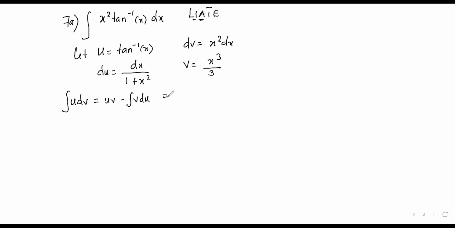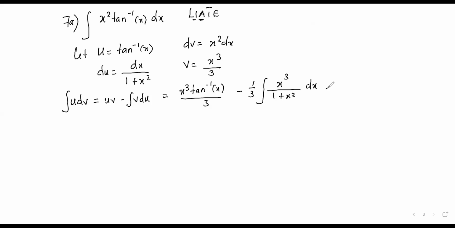What's our uv? We have x cubed tan inverse of x over 3 minus, I'll put 1 over 3 outside, the integral of x cubed over 1 plus x squared dx.